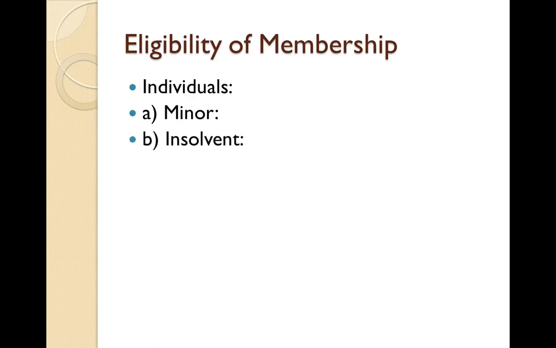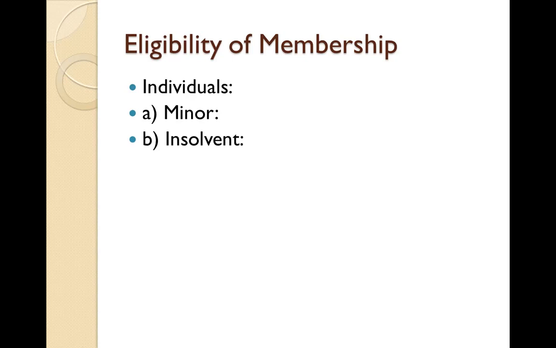Insolvent, we have already discussed this point in bookkeeping and accounting, solvent and insolvent. What is meant by insolvent? Whose assets are not sufficient to pay the liabilities, who are not in a position to pay the loans. It means that he is insolvent.